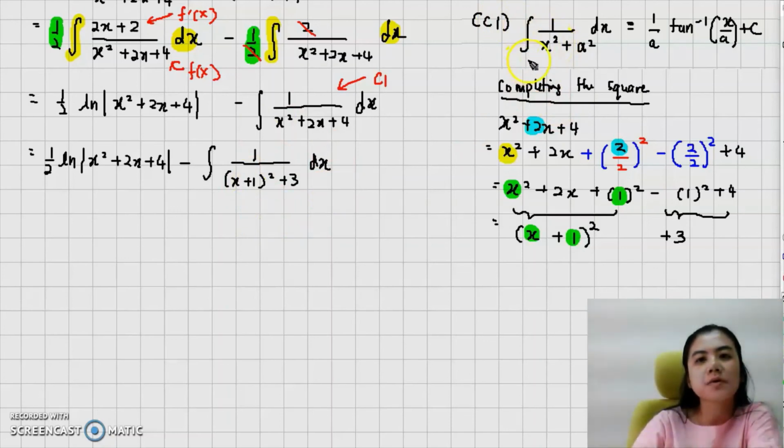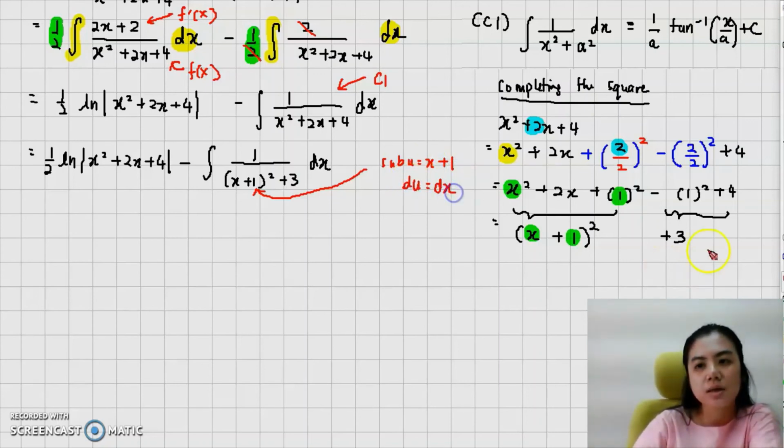The formula of C1 requires x squared and a squared. This x plus 1, you have to modify. How to modify? You can modify this by substituting u as x plus 1. So you will have du equal to dx.